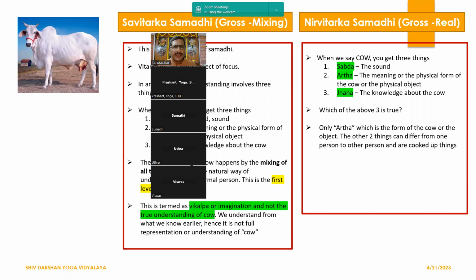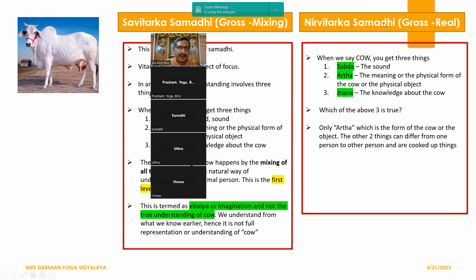That's why, whenever you meet a yogi, the moment the yogi or guru sees us, he will immediately say what you should do. The moment the guru sees us, they will know our past janma and what is going to be the future. Accordingly, the guru will give a sadhana. So the Artha is there. Artha is 100% truth. Shabda and Jnana are my additions, my imagination.